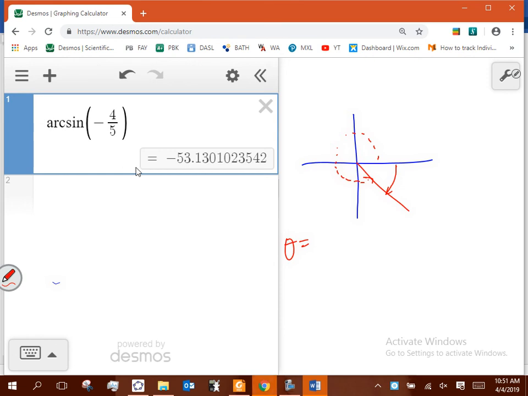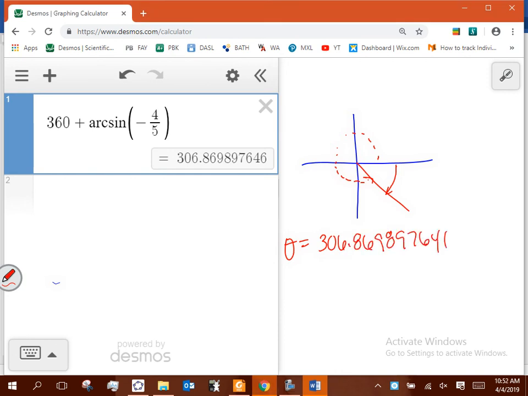I could subtract the absolute value of this from 360, but if I subtract this from 360, it's going to add it to 360, right? So I'm going to go 360 plus that number. So theta is 306.869, 897.646, however far you want to go.